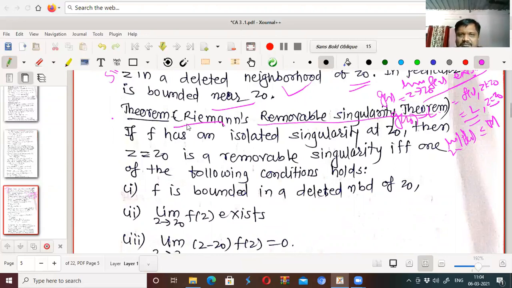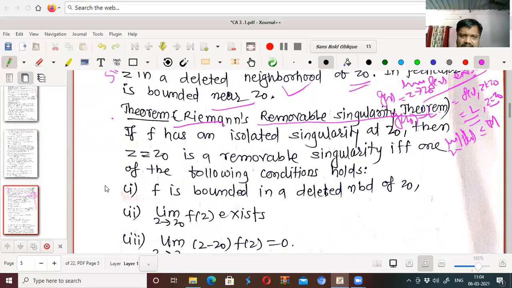But Riemann's removable singularity theorem says, if f has an isolated singularity at z0, then z equal to z0 is a removable singularity if and only if one of the following conditions holds.